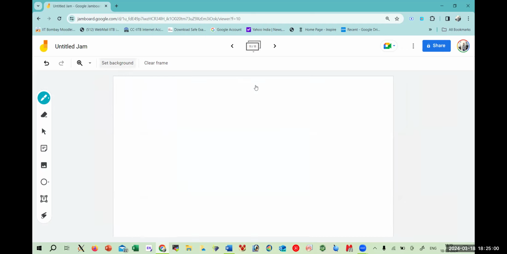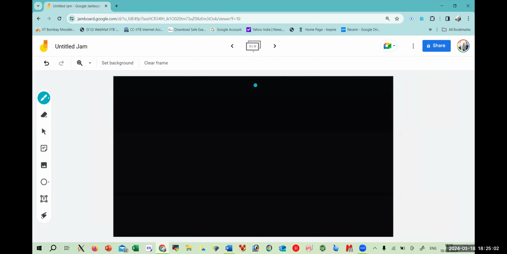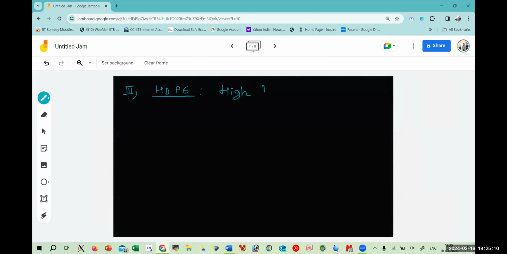And the last type is high density polyethylene. As the name suggests, it needs to have the density from 0.94 to 0.97 gram per ml, and compared to low density and linear low density, they are rigid, they have more density, and they are cloudy to opaque.